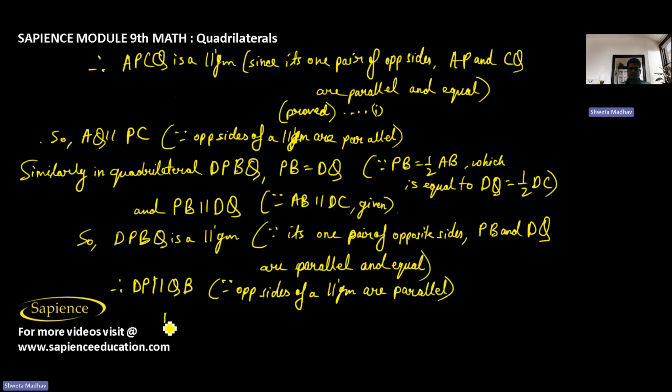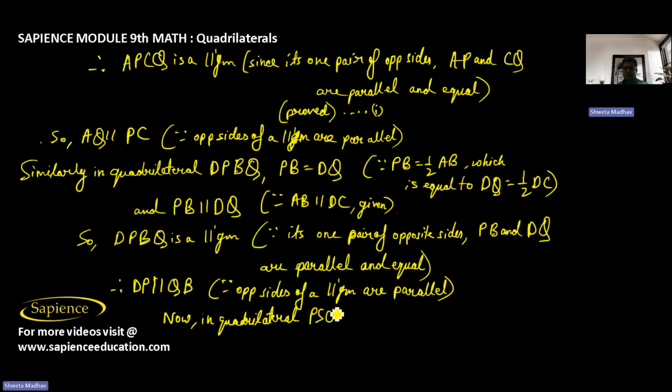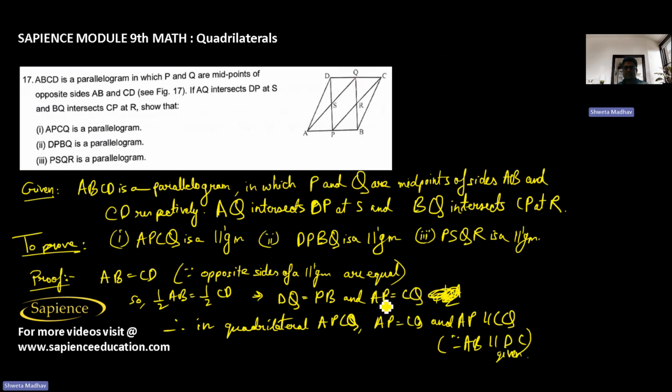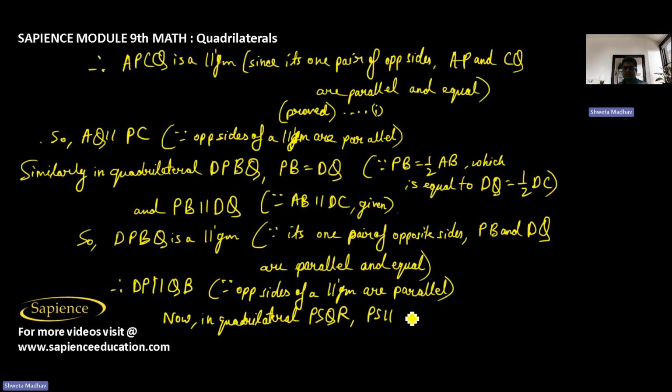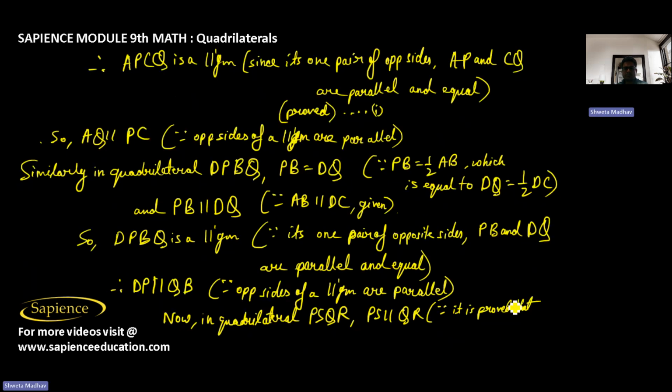Now in quadrilateral PSQR, you can see that PS is parallel to QR, since it is proved that TP is parallel to QB.